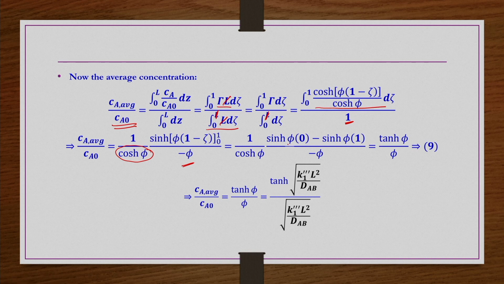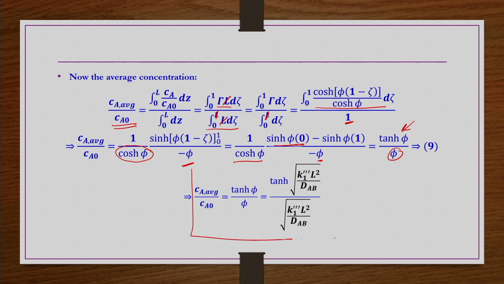So, this term is 0, and sin hyperbolic of phi divided by cos hyperbolic of phi is tan hyperbolic of phi, and this is divided by phi. So, Ca average by Ca naught is nothing but tan hyperbolic of phi divided by phi.